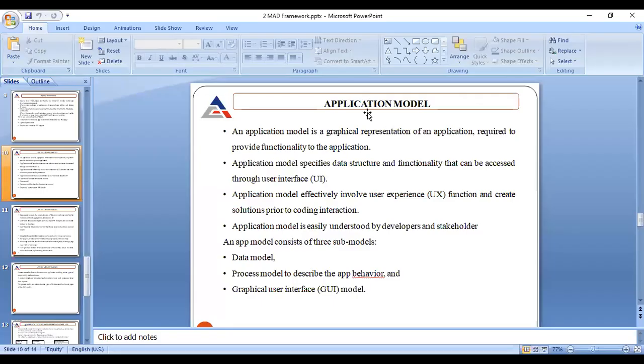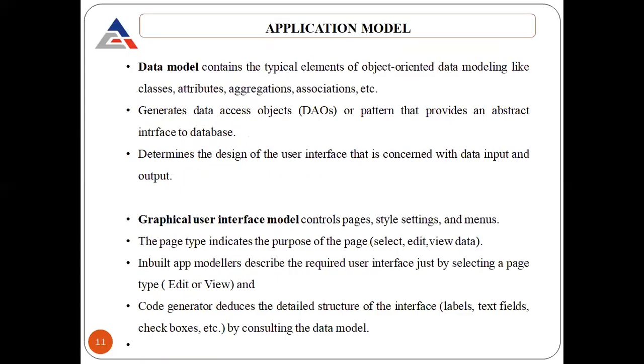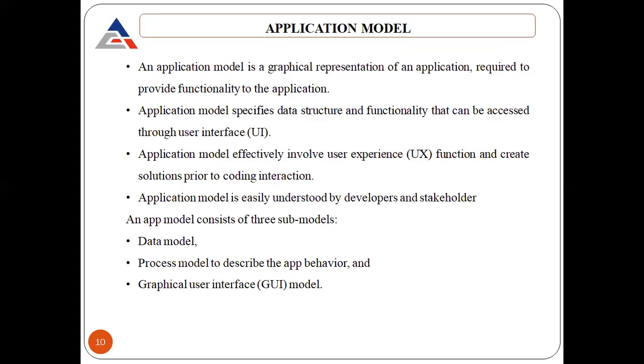So next is the application development model. An application model is a model through which we can graphically represent how the application works, how step by step the actions are being performed in a particular application.